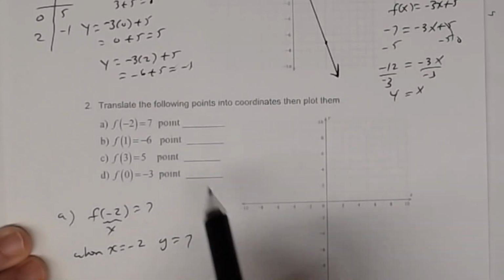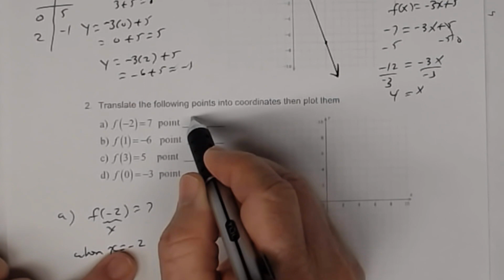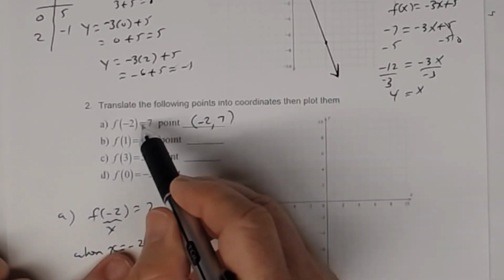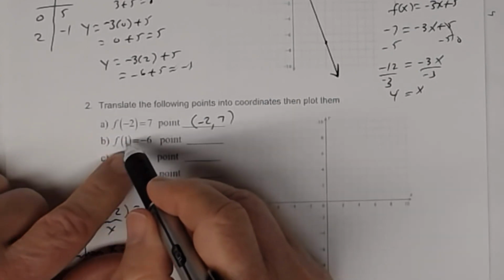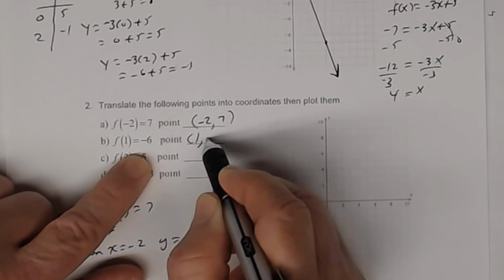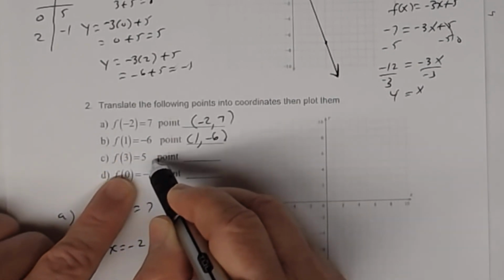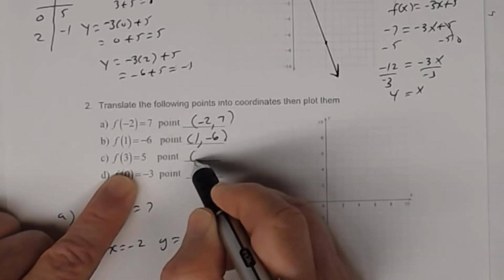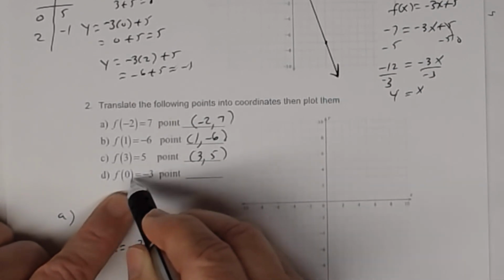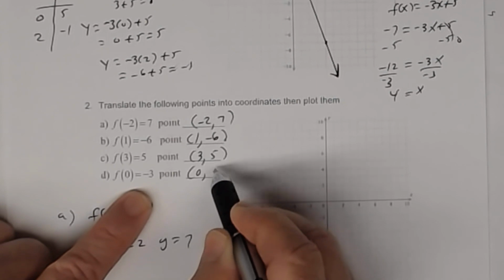And then they want you to write that as a point. Remember, a point is an ordered pair, so you're going to say -2, comma 7. This is your x value, this is your y value. Same thing here. f of 1 equals -6 means that when x is 1, y is -6. f of 3 equals 5 means that when x is 3, y is 5. f of 0 equals -3 means that when x is 0, y is -3.